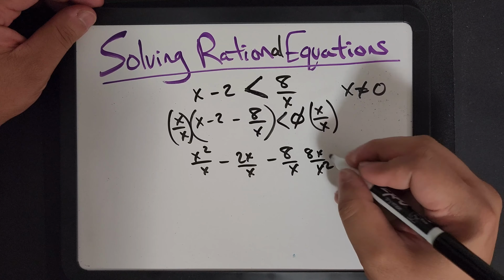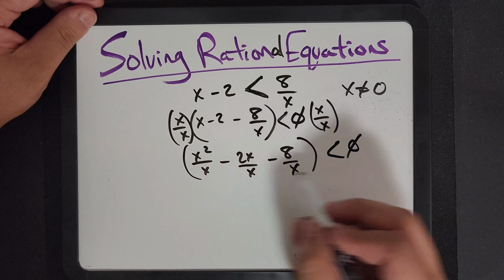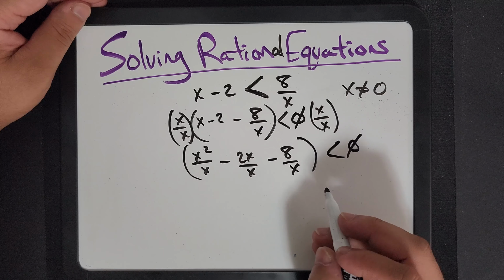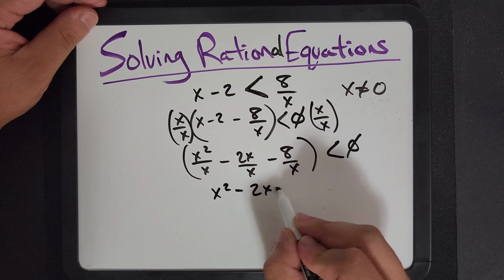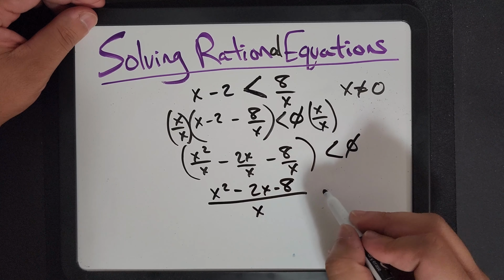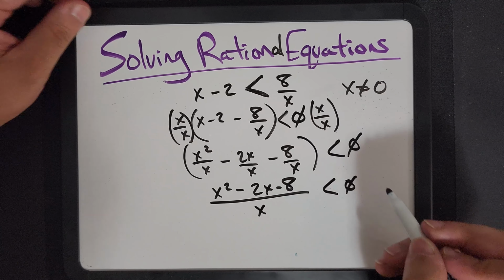Okay, so I'm good. And now I can put everything over x. So x squared minus 2x minus 8 over x greater than 0.